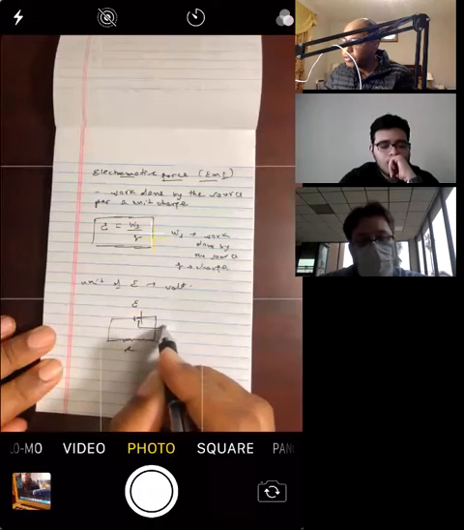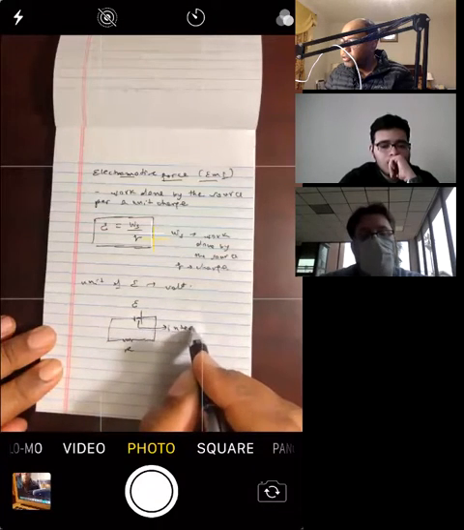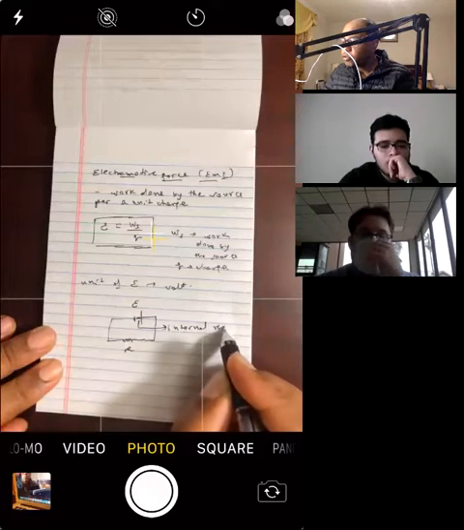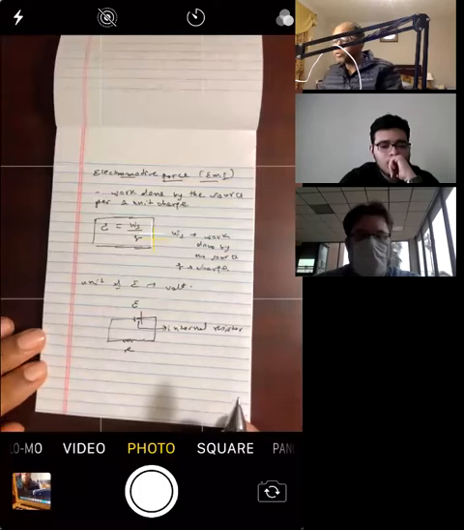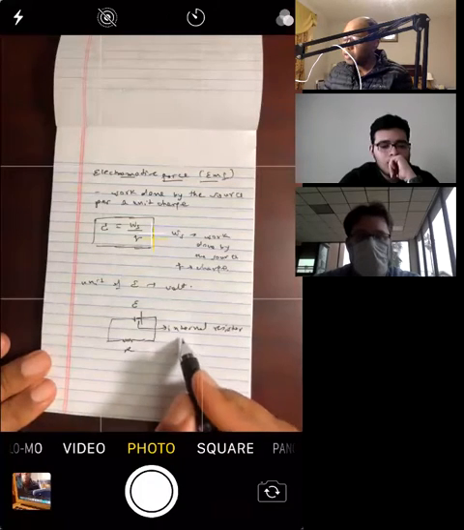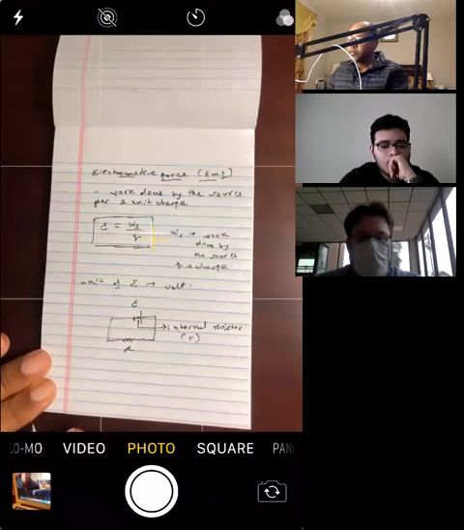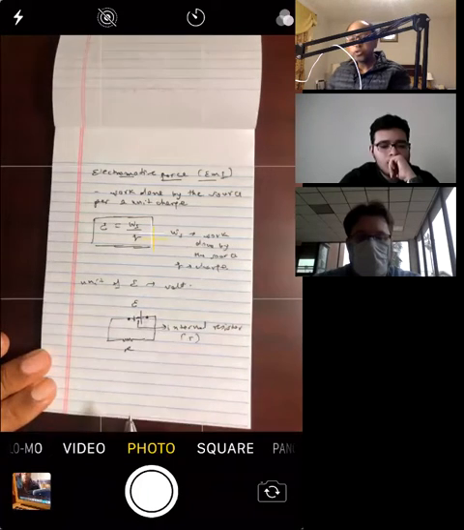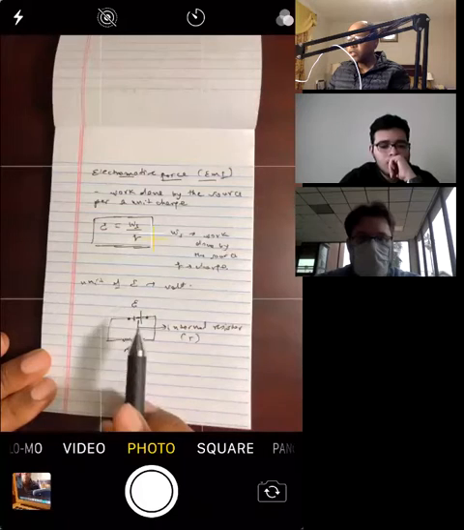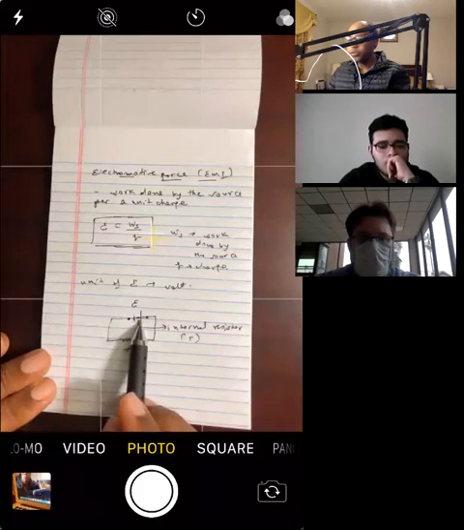This resistance over here is the internal resistance of the source. We're going to use r to represent it. So the potential difference that you get out of a source is not the entire EMF, it is the EMF minus the potential drop in the internal resistance.